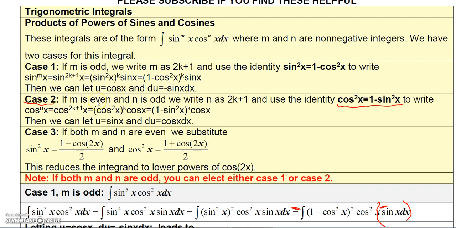But here, if m is even and n is odd, then we can use this trig identity, cosine squared x equals 1 minus sine squared x, and that way we can replace the cosine squared x with 1 minus sine squared x. And then for a u substitution, we let u equal sine x, and then du would be cosine x dx.